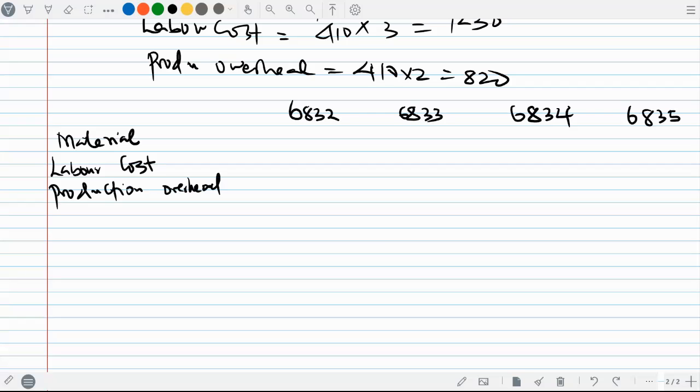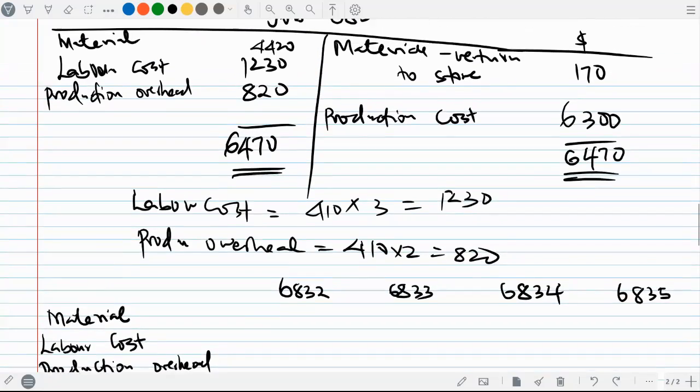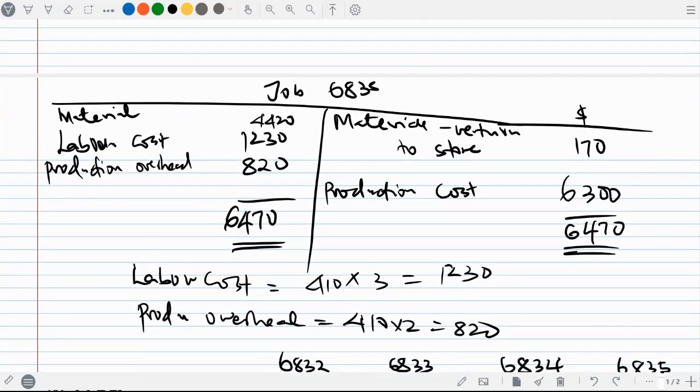So material for job 68.2. We need to add them separately here.